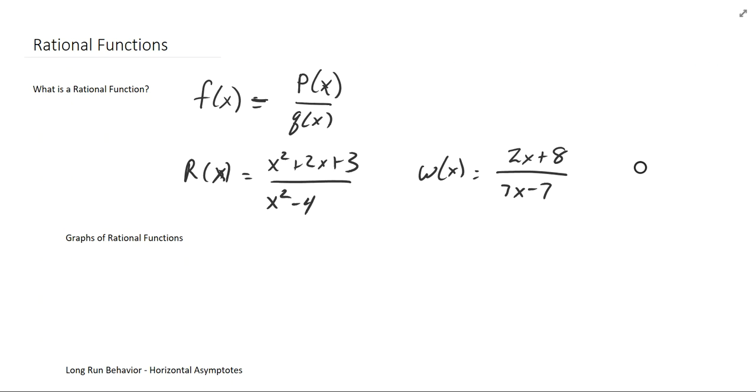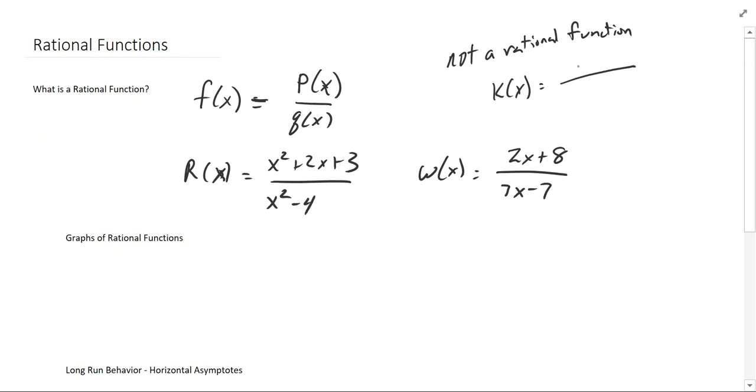What you won't have as a rational function is, how about, we'll add a not a rational function over here. So how about k of x equals 2x plus 3 raised to the x power over 1 plus 7x.